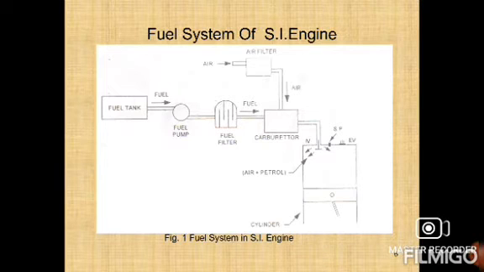We pour the petrol into the fuel tank, then it is transferred to the fuel pump, and from the fuel pump to the fuel filter, which removes the dirt particles. Then the fuel is transferred to the carburetor, and from the carburetor to the engine cylinder.